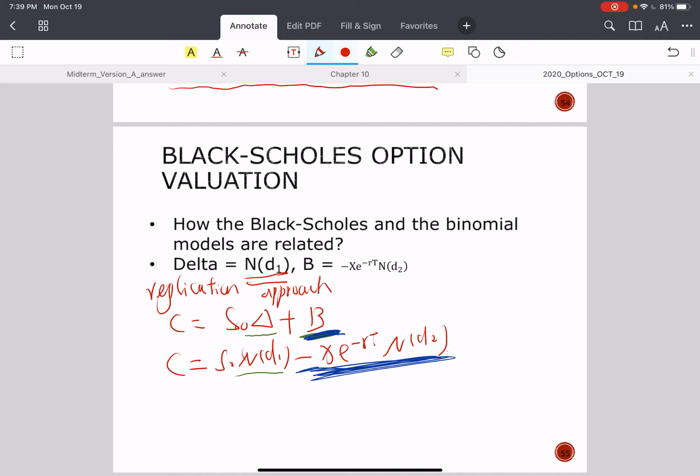And we also know that delta and hedge ratio are the same thing. So you can see that N(d1) gives you delta, which also gives you the hedge ratio. So you can see that Black-Scholes model is actually very convenient because it is a nice formula which directly lets you compute the hedge ratio.